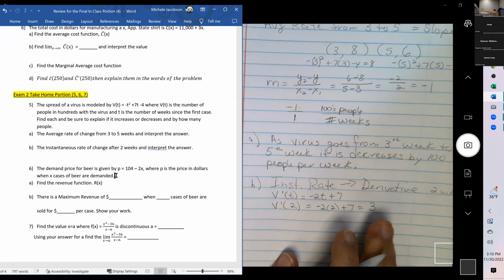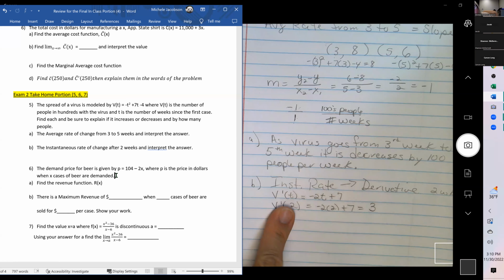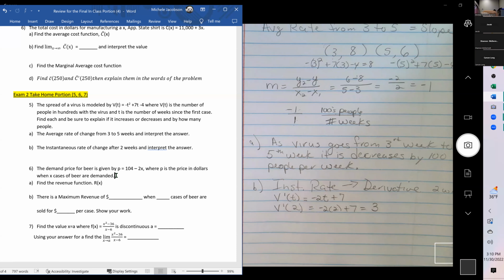And this is the people, so hundreds of people, 300 people. After the 2nd week, the virus is still increasing by 300 people. Or in the 3rd week, one after this. So it's telling you how it changes after 1 more unit. And our X is weeks.